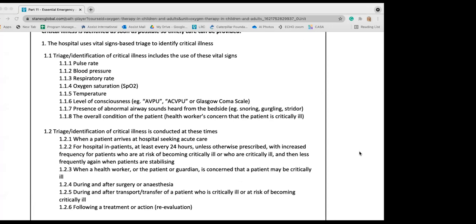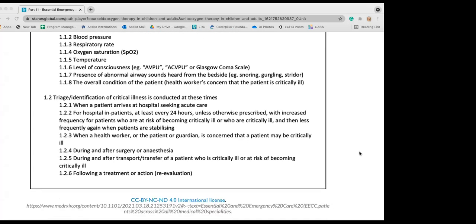We need to be able to provide the highest care during transportation, and that's our role, by having good equipment in the ambulance, but also trained personnel. And lastly, timely transfer.